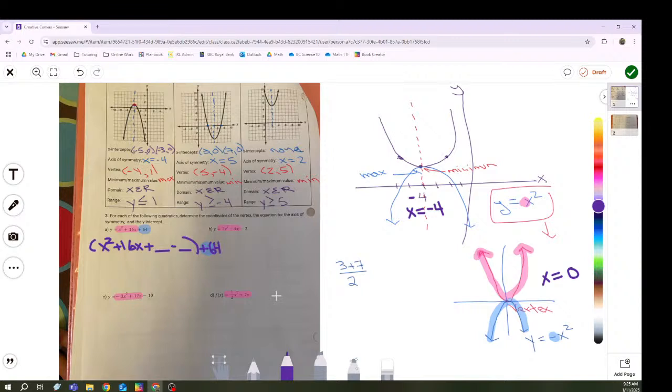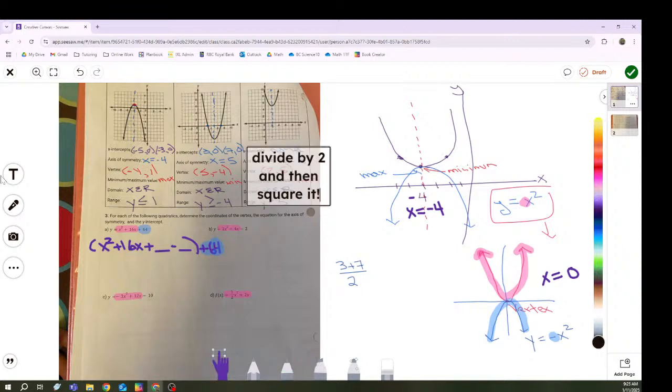Okay, so we start by setting up this new bracket with something plus, something minus. That something that goes in here is this number that we're going to divide by 2 and then square it. So that's going to be a lot to write, so I'm just going to write it here. Divide by 2 and then square it.